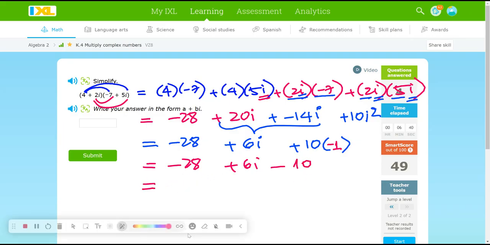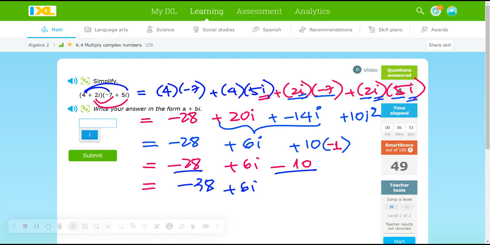So now I combine negative 28 with negative 10. That's a negative 38, and then plus 6i. That is your final answer. Negative 38 plus 6i. Voila. Thank you so much.